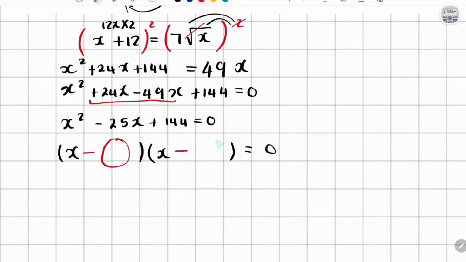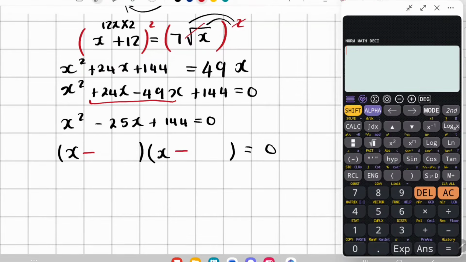Remember, you're saying this multiplied by this gives you the positive 144. The fact that it's positive means that these two were negative, and we know that because the middle term is negative. So for the factors of 144 that can give you negative 25, you can go ahead and try these. You can also use the quadratic formula method, but I'm just going to try it out.